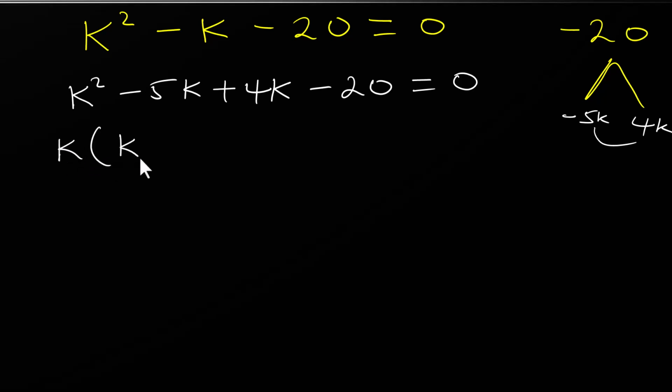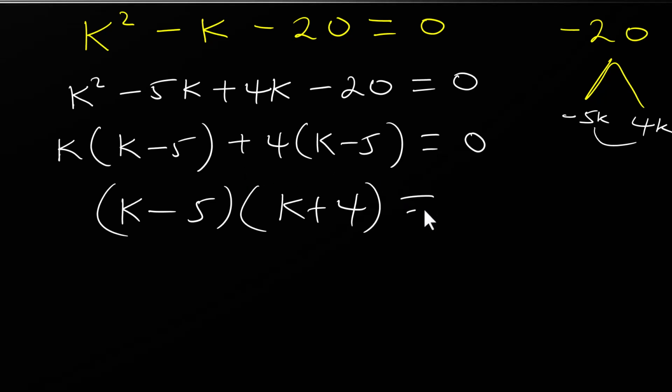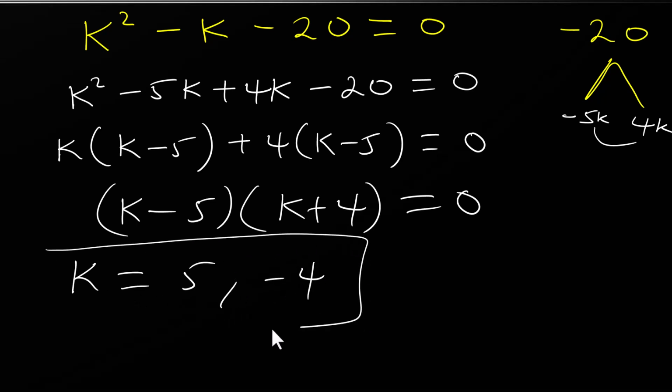So we have k minus 5 plus 4 times k minus 5 equal to 0. So we have something in common. K minus 5, k plus 4 equals 0. So we can solve for k. K equals to 5 or minus 4. That's the value of k.